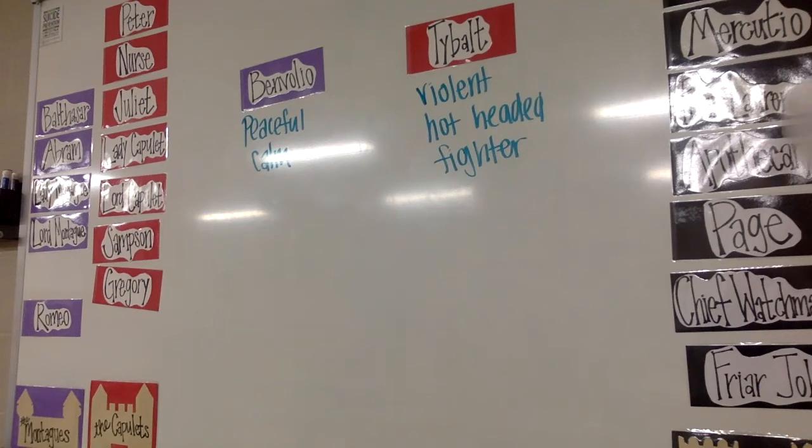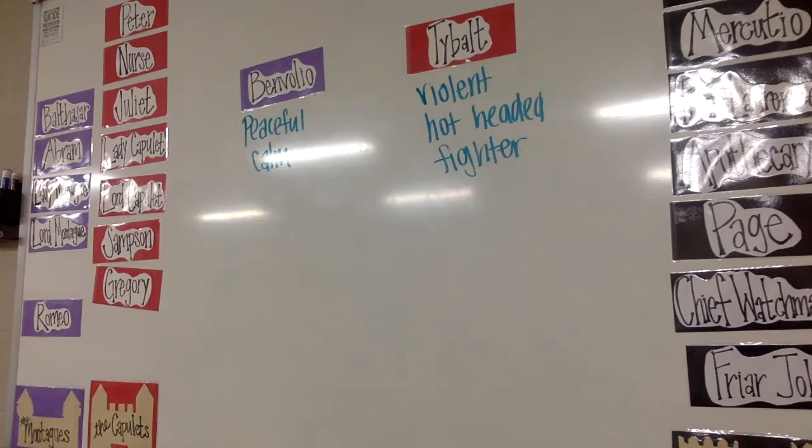"Towards him I made, but he was ware of me, and stole into the covert of the wood." So Benvolio walks towards Romeo, and what happens? Runs off. Okay. So Benvolio says, "I, measuring his affections by my own, which then most sought where most might not be found, being one too many by my weary self, pursued my humor, not pursuing his, and gladly shunned who gladly fled from me."